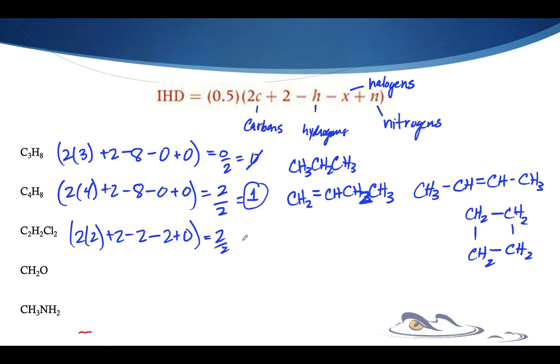So 2 divided by 2, I have 1 degree of hydrogen deficiency. So again, I know, hey, this has a pi bond in it. Could it be a ring? I would highly doubt it because chlorine tends to make just a single bond with carbon, but it could possibly make double bonds if we had expanded octets, but we don't want to go there, I don't think.